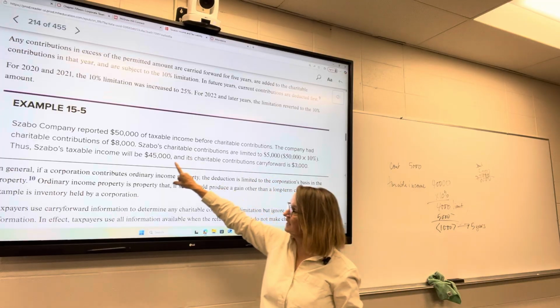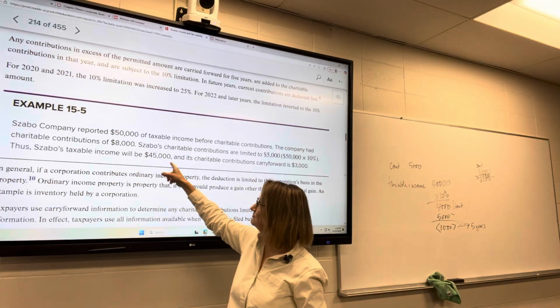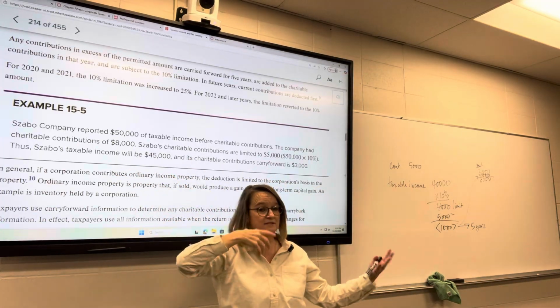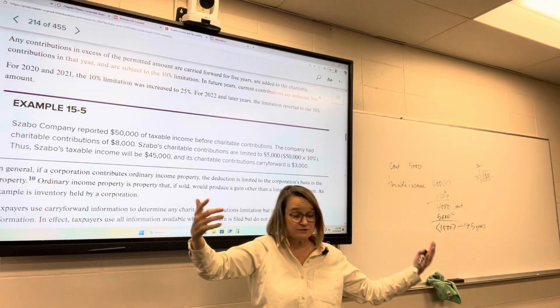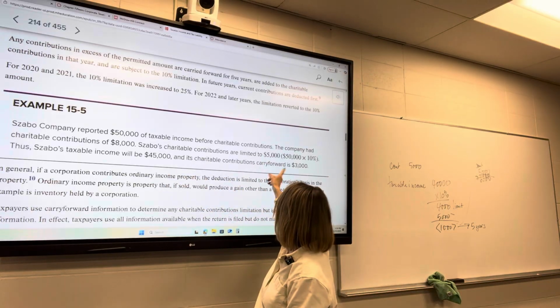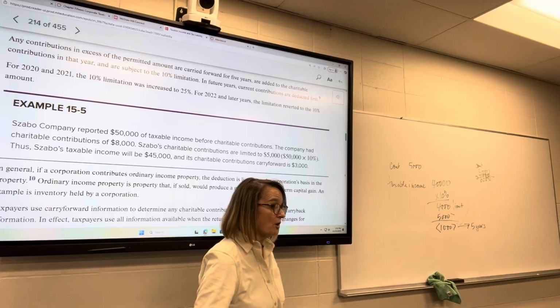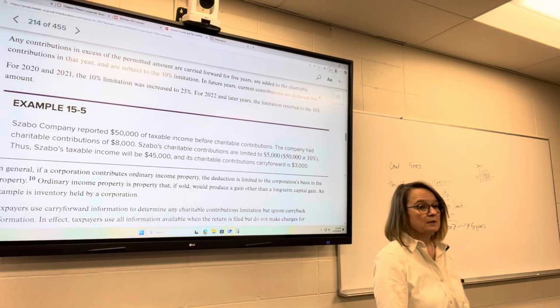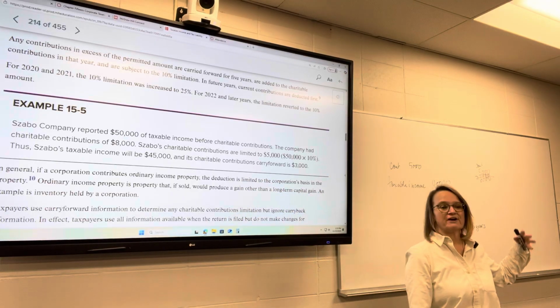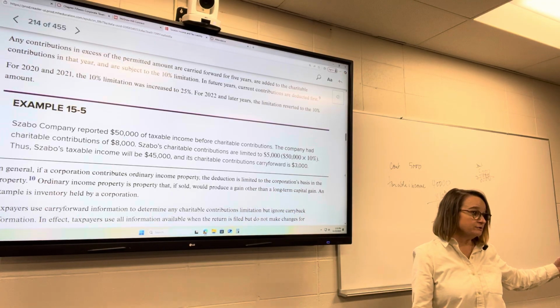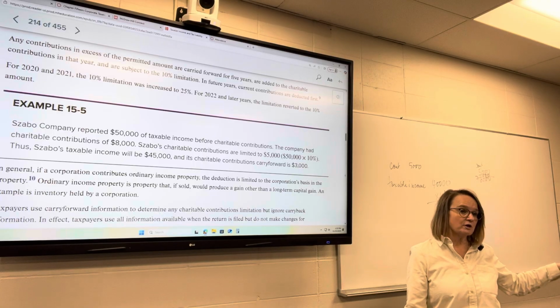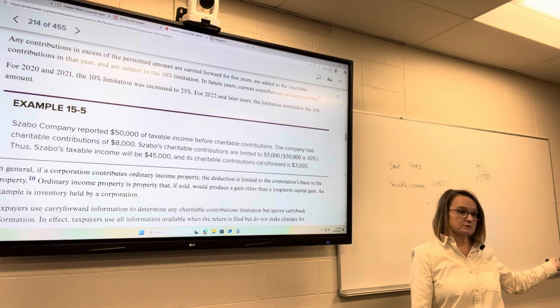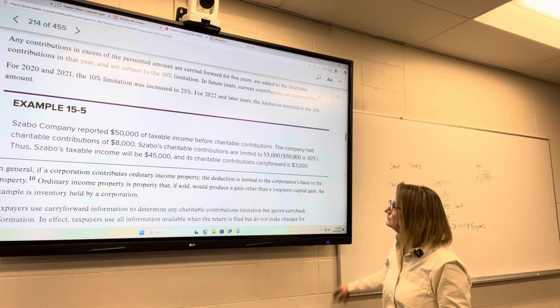Their taxable income now is going to be reduced to $45,000, so now they're going to pay tax on $45,000 rather than $50,000. But they've got a $3,000 charitable contribution carry forward that will last for the next 5 years unless they use it up. And any future contributions are going to come first in that calculation.